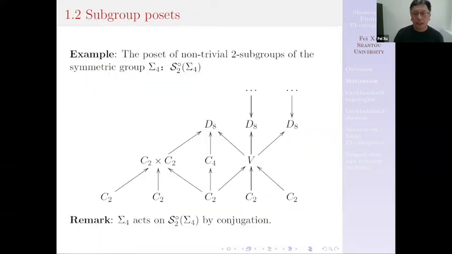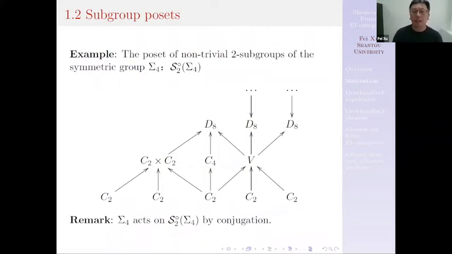And yesterday we already saw some examples, so I just visualized them. This is the symmetric group on 4 letters, and I show the non-trivial subgroups. I put a circle here.